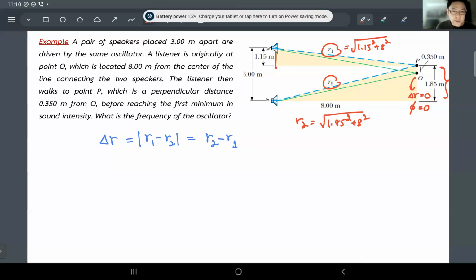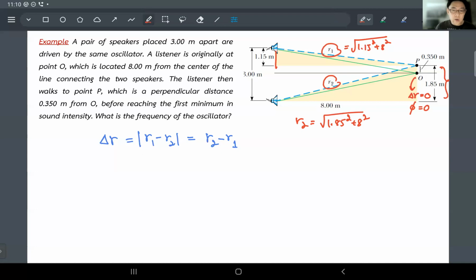Or if you want, you can also compare this delta R to the wavelength. Same thing. Because we know the condition is that it falls into two categories. If it's a multiple of lambda, that is a constructive interference. If it's (2n plus 1) over 2 lambda, that will be destructive interference. Does that make sense?